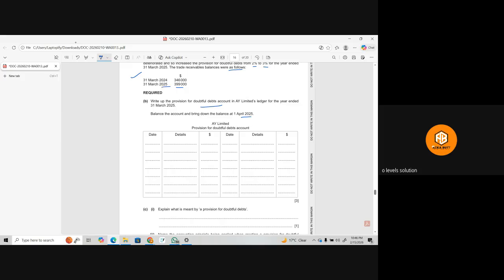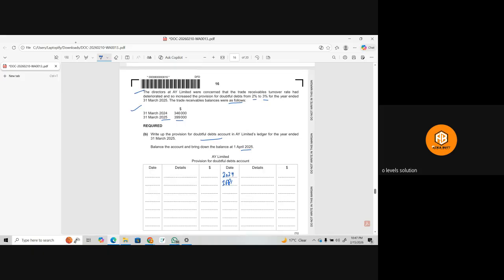Okay, first of all, we need to find out the provision for this year. That means 1st April 2024. For this trade receivable, as you can see, they are saying that previously it was 2%, then it has increased to 3%.